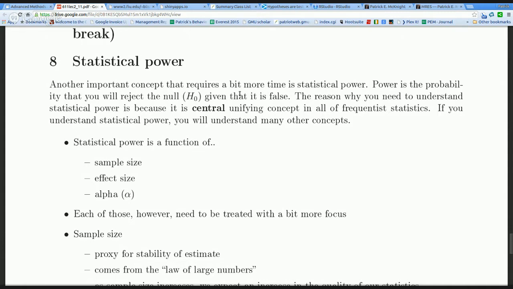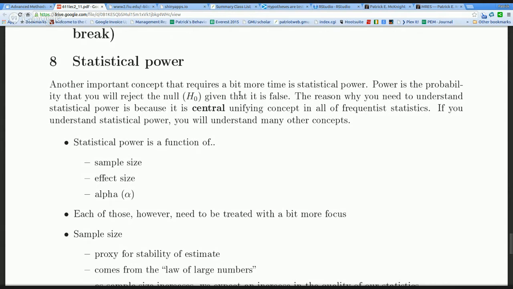So statistical power is the probability that you'll reject the null given that it is indeed false. It's kind of like the probability of success, given that we have to reject the null in many instances in order to achieve what is called statistical significance at the 0.05 level or below.